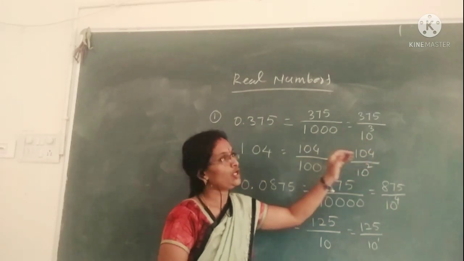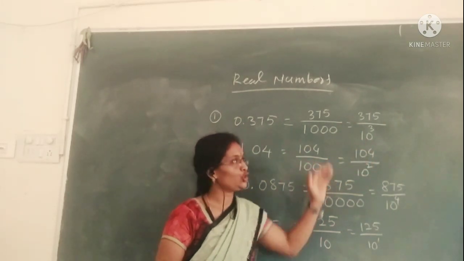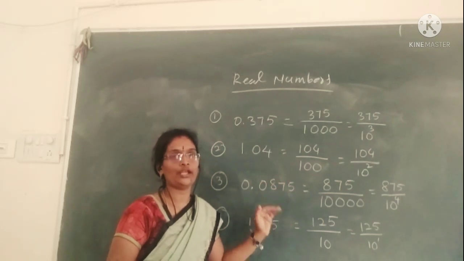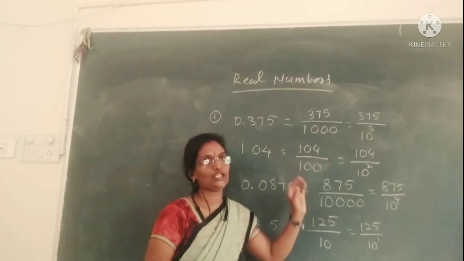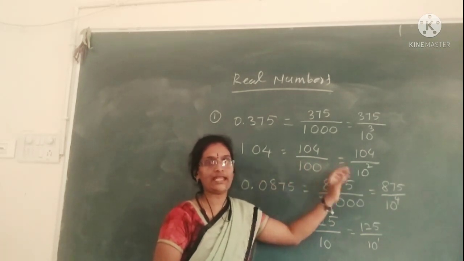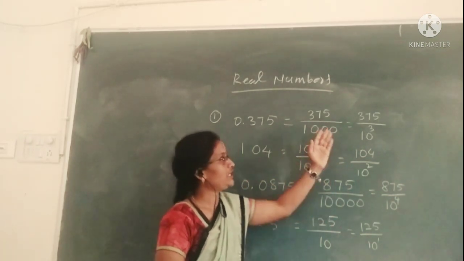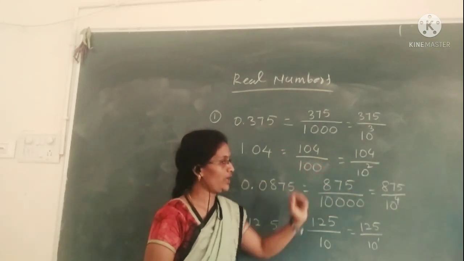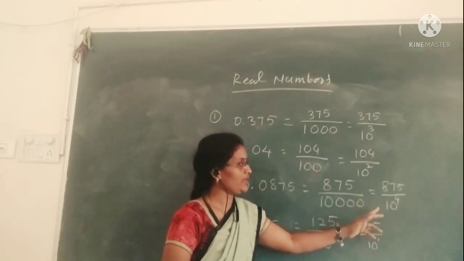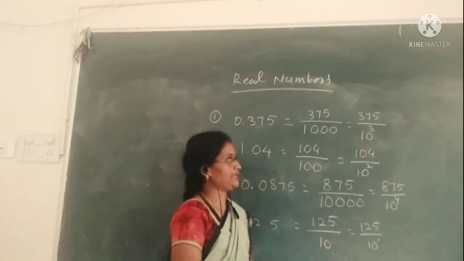Let us now factorize the numerator and denominator to convert to the simplest form. We will do this for 375 by 10 to the power of 3, 104 by 10 square and 875 by 10 to the power of 4.